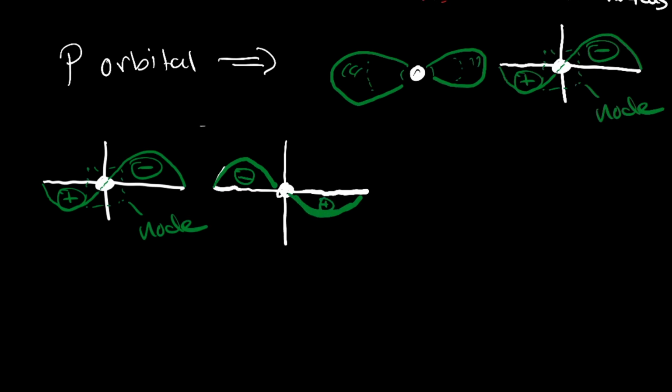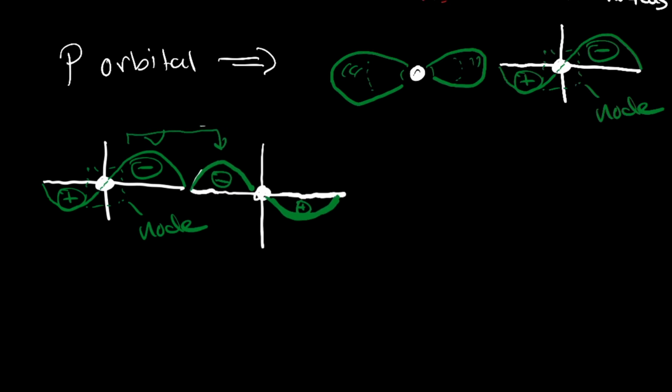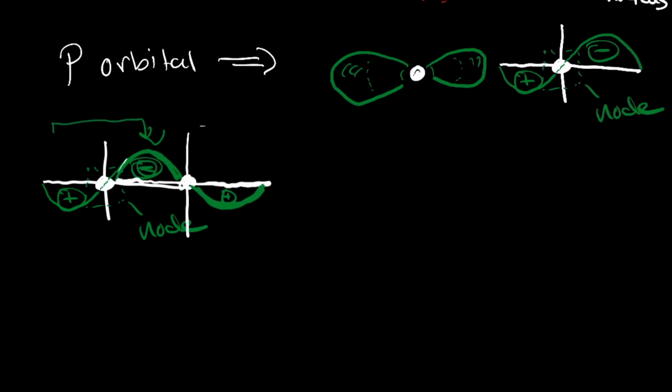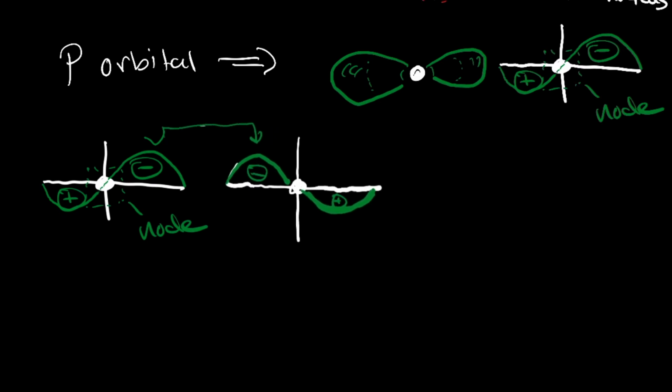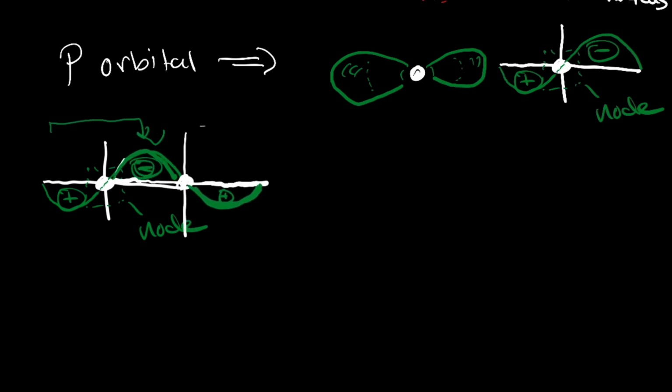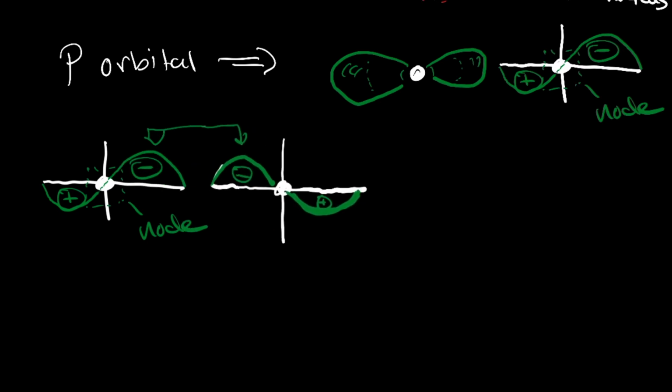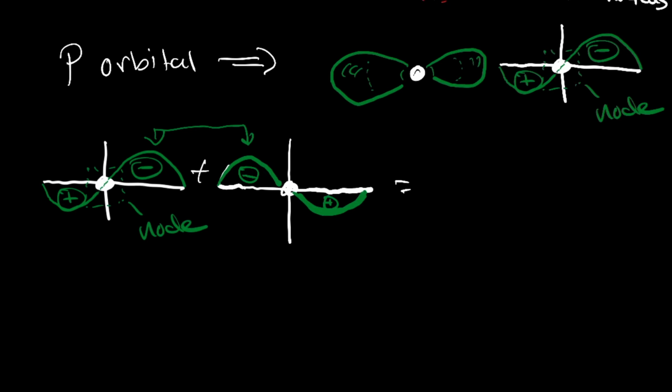And that's my node. Now if I bring these two together, those add up. So if I take these two, and I'm just going to take this and bring it over, that's going to create a bond, right? Because I'm going to overlap those two negative things, and then they're going to be suddenly quite large.